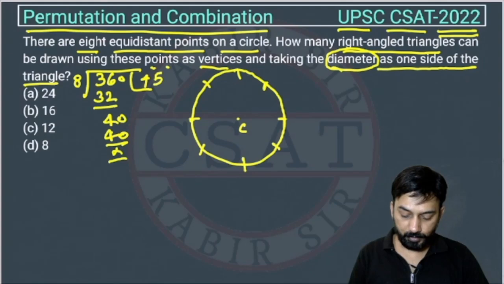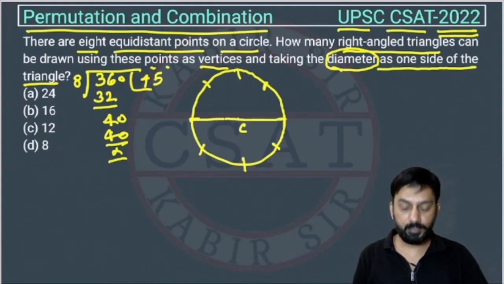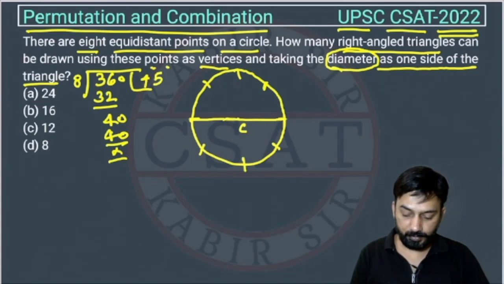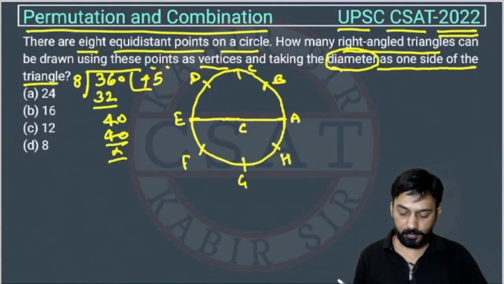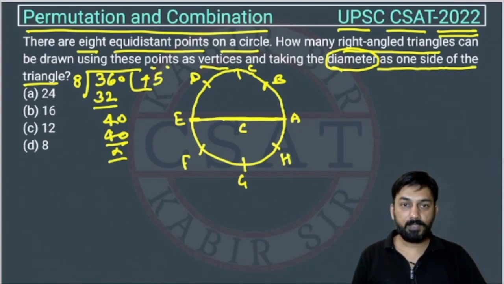So with these 2 points, we can draw this diameter, right? So suppose these are points A, B, C, D, E, F, G and H, right? Now with this EA diameter, how many right angle triangles can we draw?